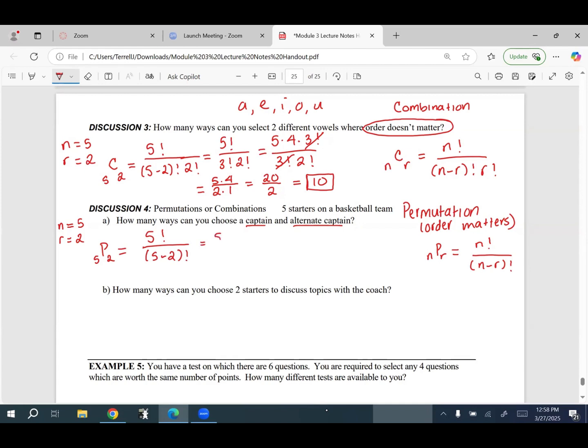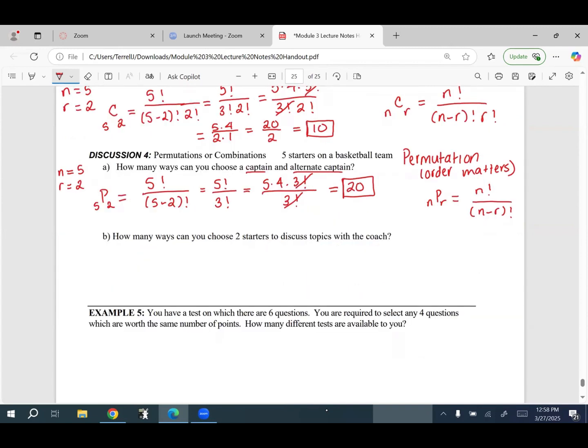So this is 5 factorial over 3 factorial. And let's rewrite 5 factorial as 5 times 4 times 3 factorial over 3 factorial. The reason why I stopped at 3 factorial on the numerator is so that those can cancel. And so I'm left with 5 times 4, which is 20.